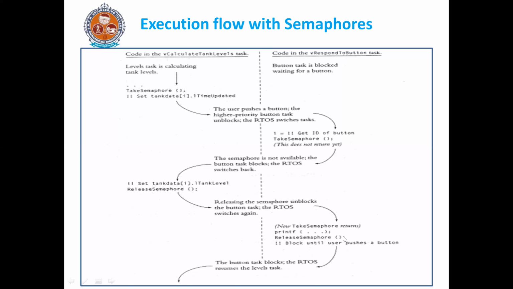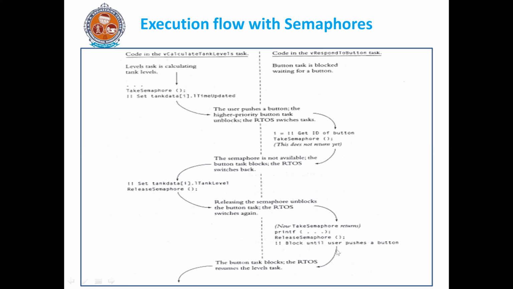Now after coming to this button task, it will print the time and the tank level, and after that it will release the semaphore. Once it has released the semaphore, this task will be blocked until the user presses the button again.